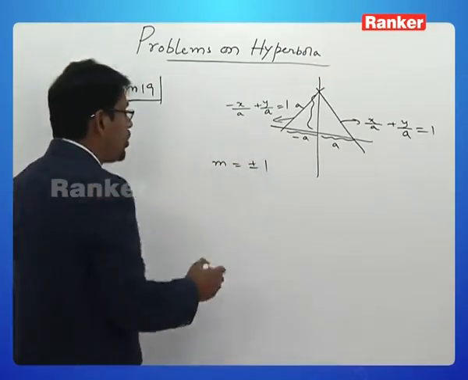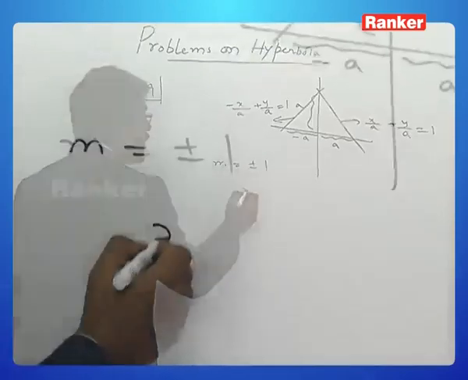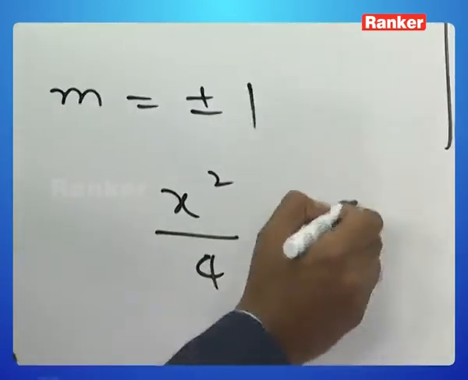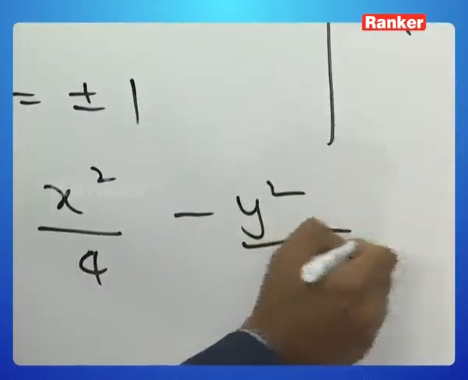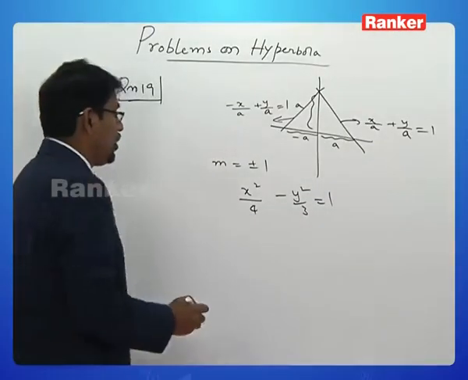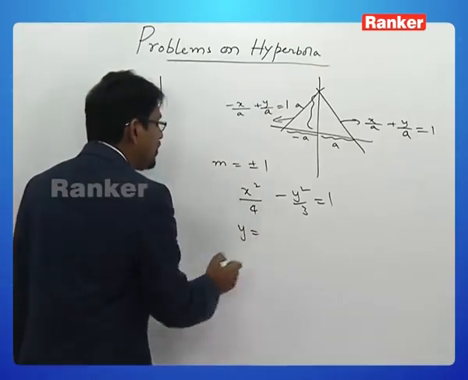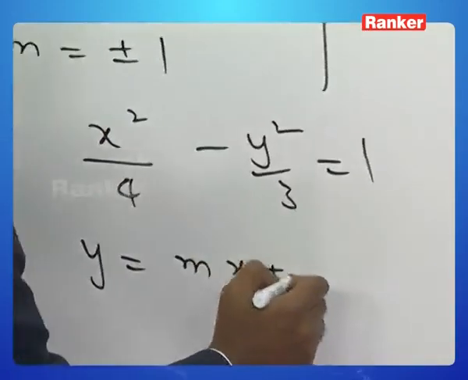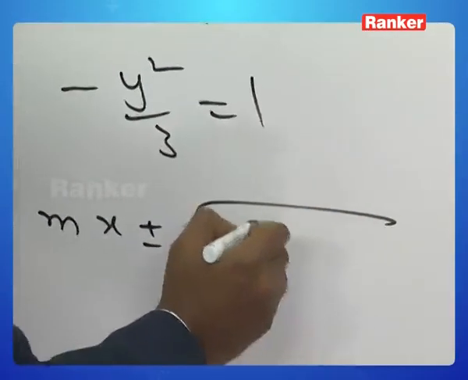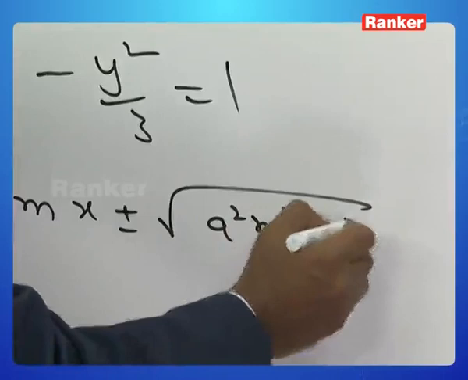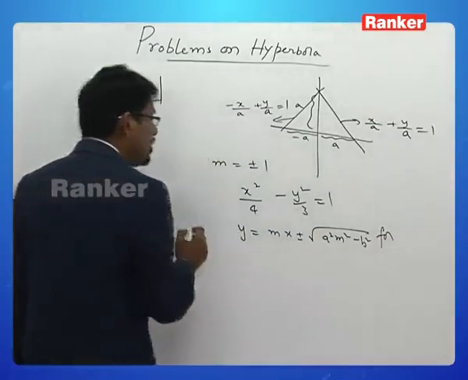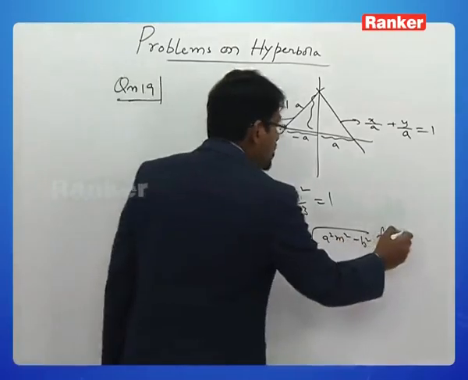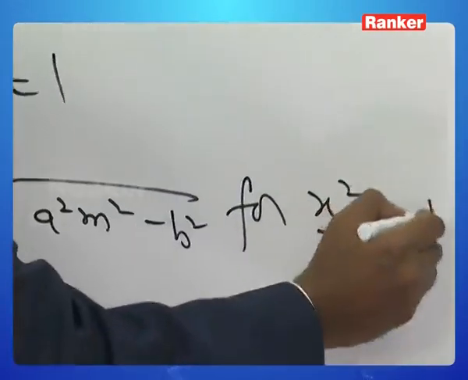Okay. What is the hyperbola given to be? Let's standardize it: x²/4 − y²/3 = 1. We know that the tangent for x²/a² − y²/b² = 1 is given by y = mx ± √(a²m² − b²).